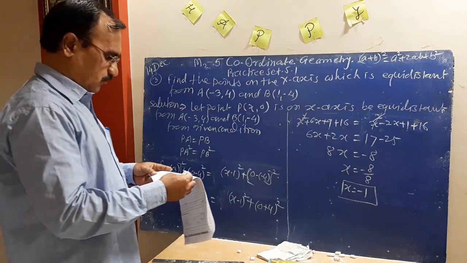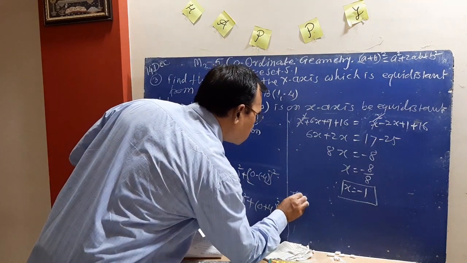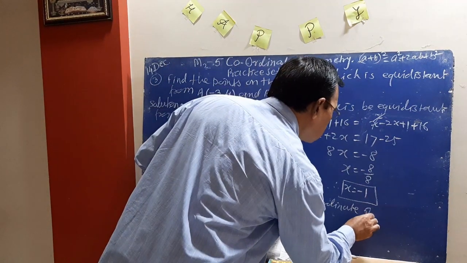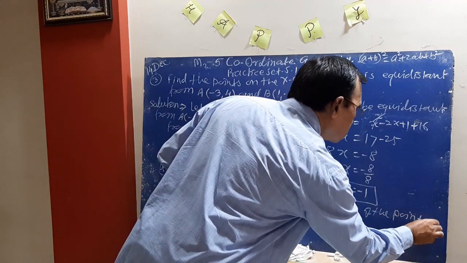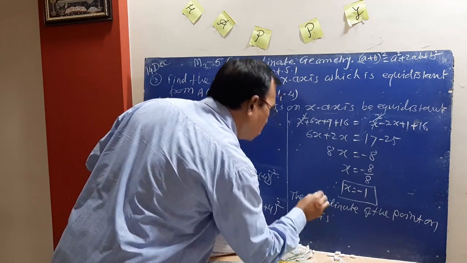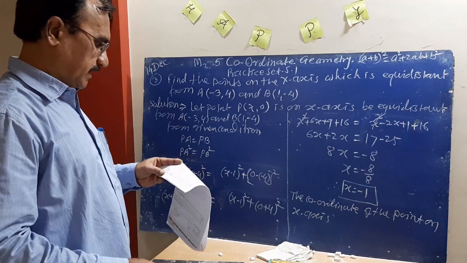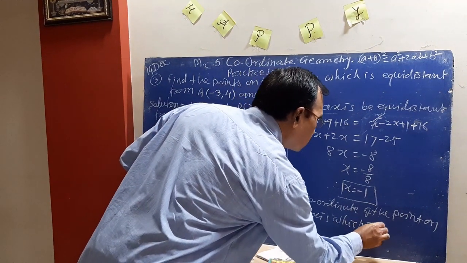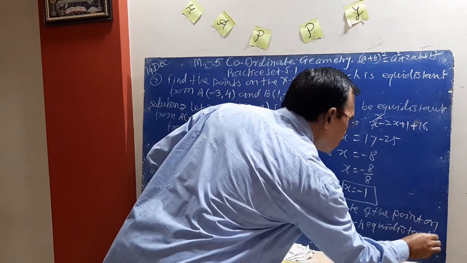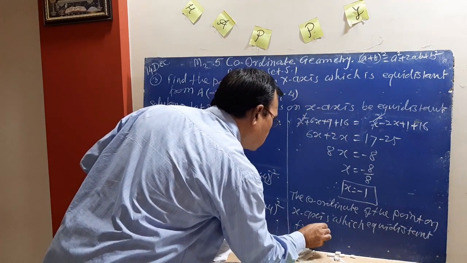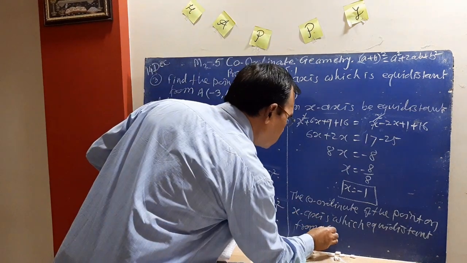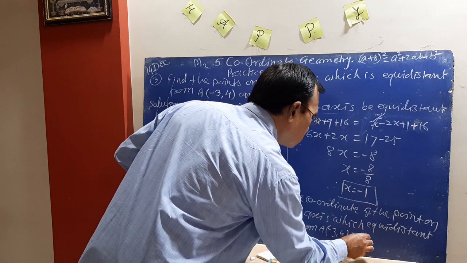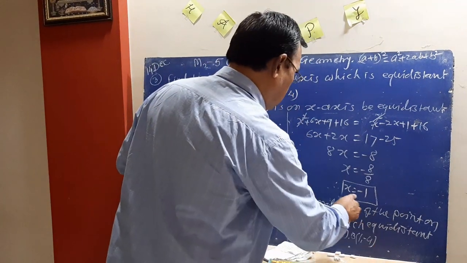And therefore the required answer: the coordinate of the point which lies on the x-axis which is equidistant from A(-3, 4) and B(1, -4) is (-1, 0).